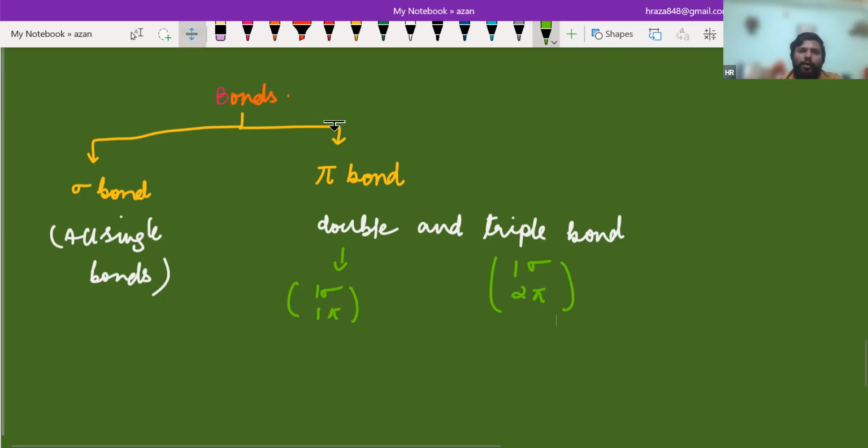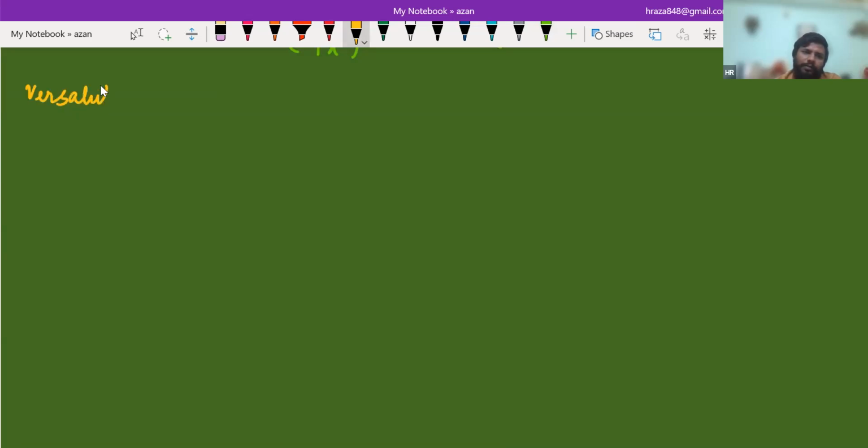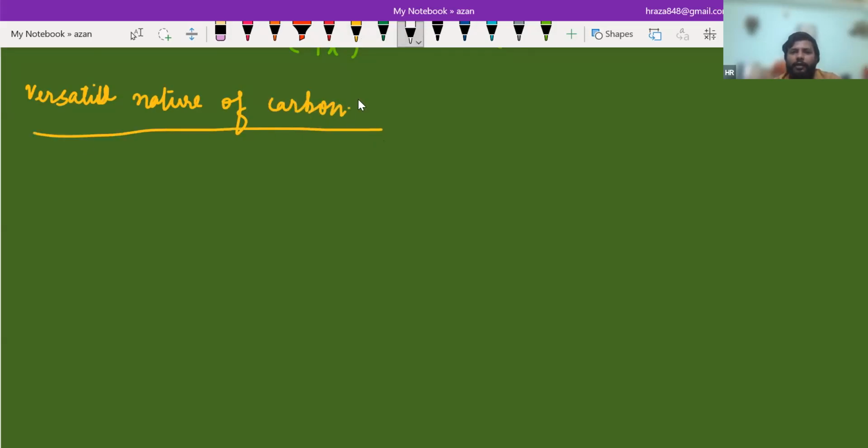Now we are going to talk about the versatile nature of carbon. See, you should understand this: the compounds of carbon are very, very large in number in the universe.